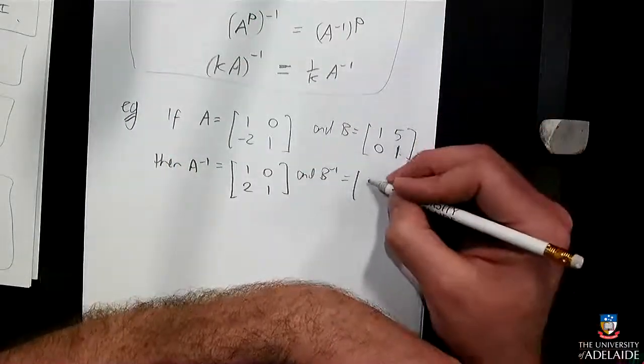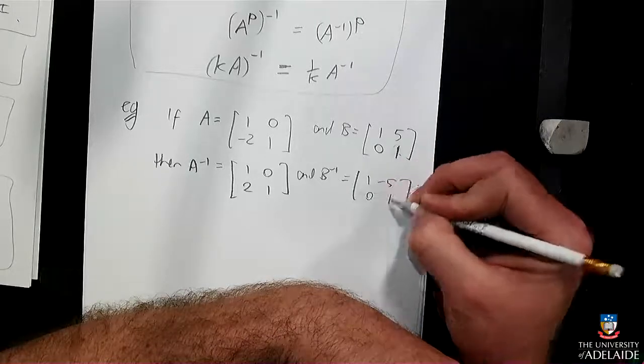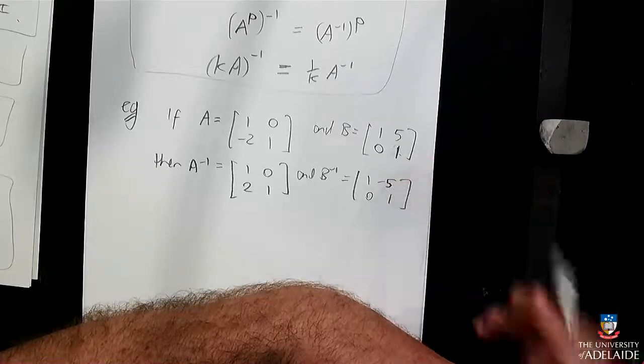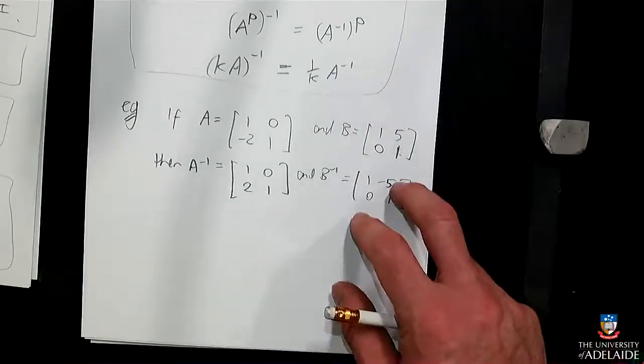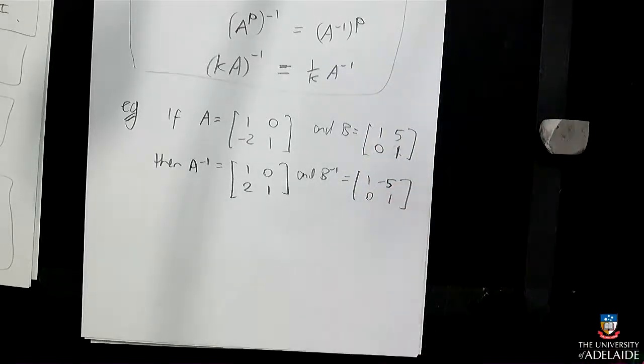And B inverse is [1, -5; 0, 1]. Okay, you can see the switching of the ones doesn't do anything, and the minusing of these, and the determinant is 1.